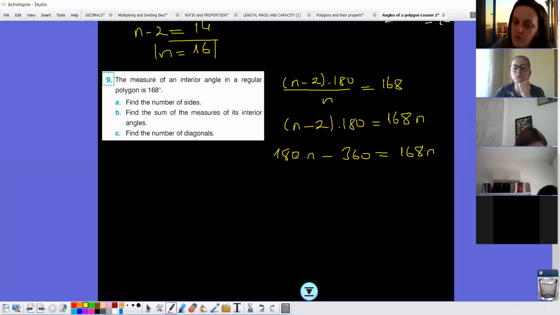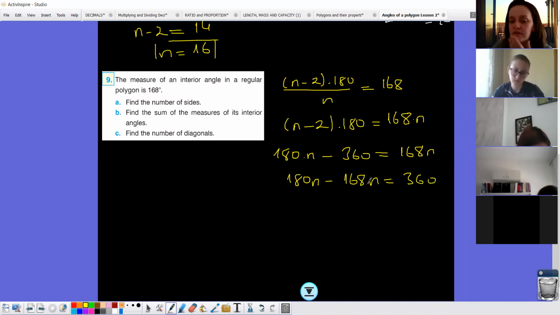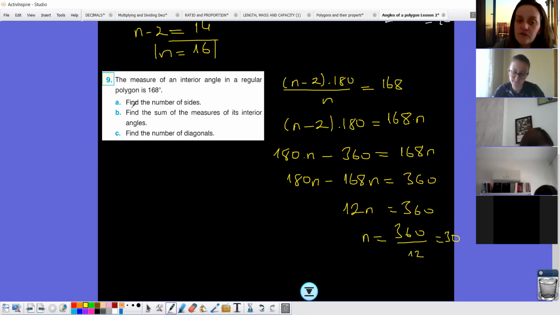Then unknowns and knowns on one side: 180n minus 168n is equal to 360. 180 minus 168 is 12, so 12n is equal to 360, and n will be 360 over 12, which is 30. So n is equal to 30 sides.